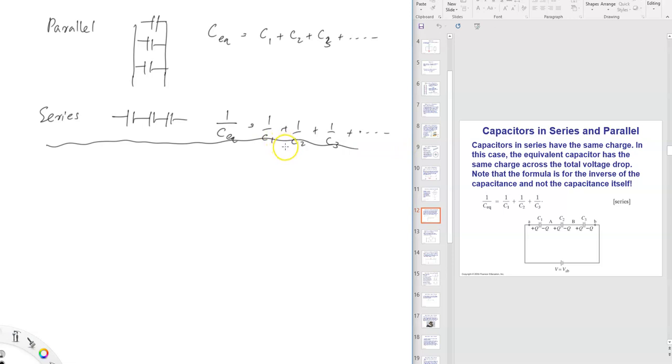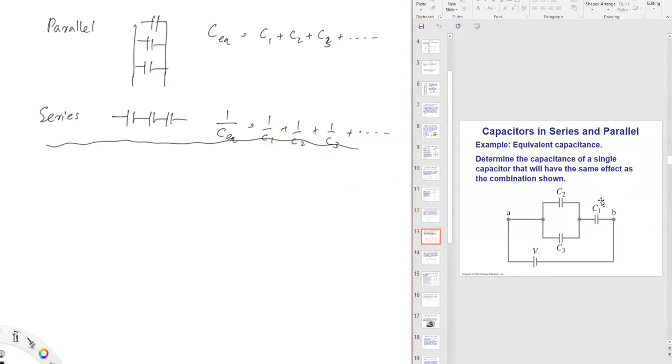Next thing is, what if we have a combination of series and parallel? Let's see what the next slide says. Determine the capacitance of a single capacitor that will have the same effect as the combination shown.